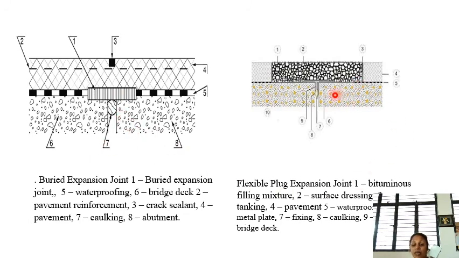We have the flexible plug expansion joint that is made up of bituminous filling material. This is the bituminous filling mixture. Then we have the surface dressing. Then you have the tanking. This is the pavement. Then we have the waterproofing.